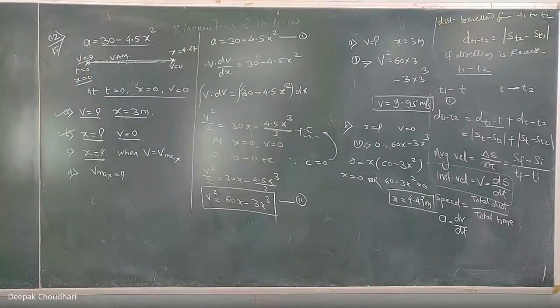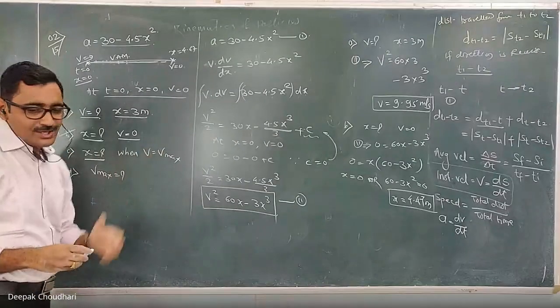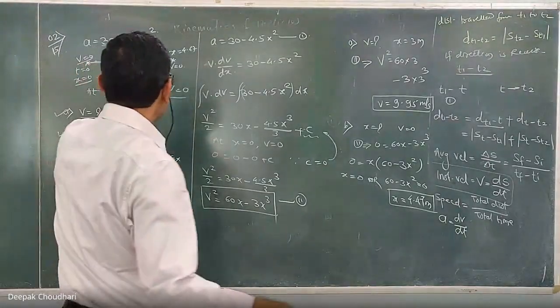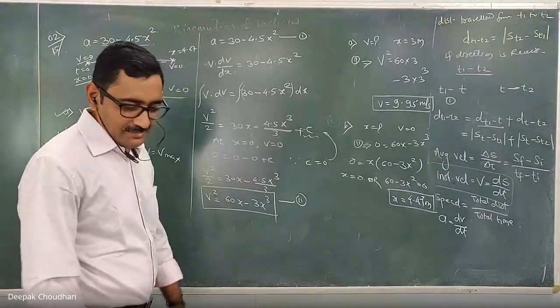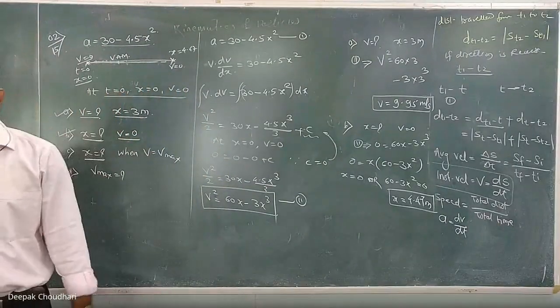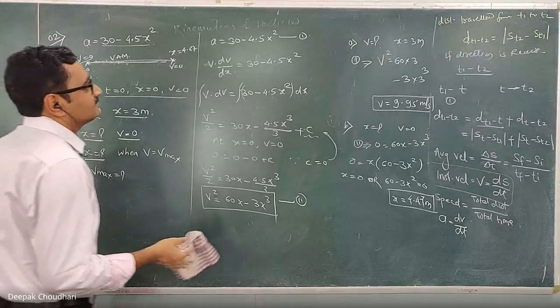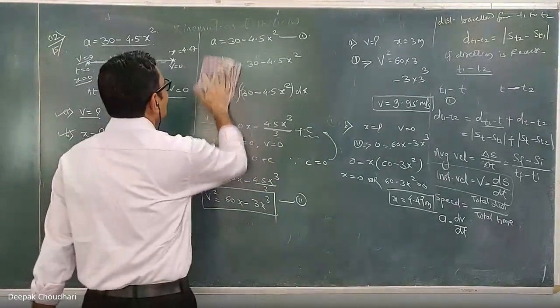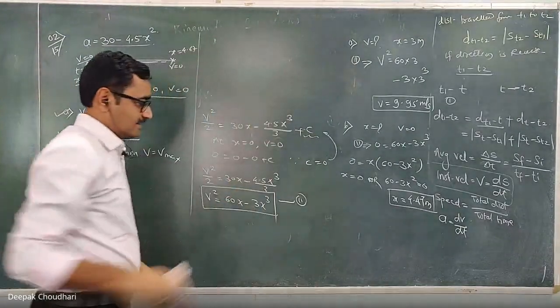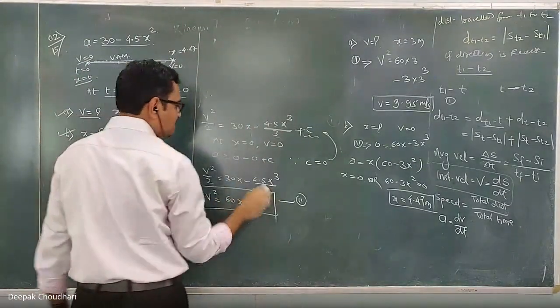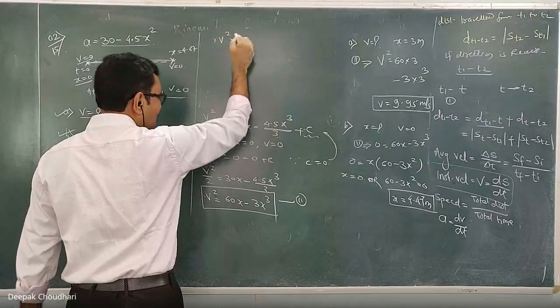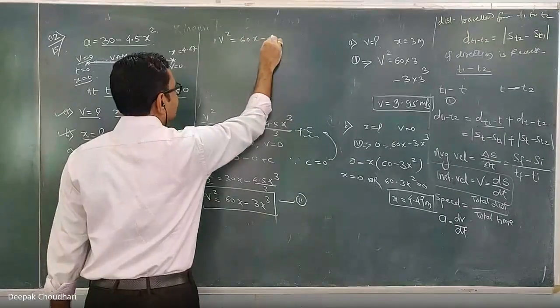Now the C part, we have to calculate the displacement when velocity is maximum. During this motion, at a certain time the velocity is maximum. So at what displacement the velocity is maximum, that you have to calculate. Okay. Now we have the equation of velocity. I have the velocity equation v square equal to 60x minus 3x cube.